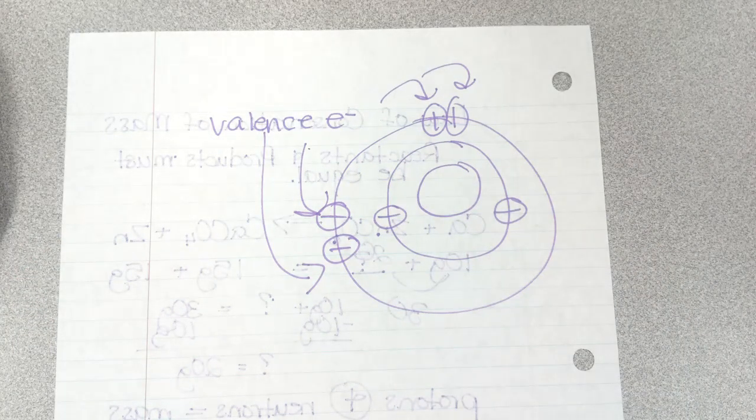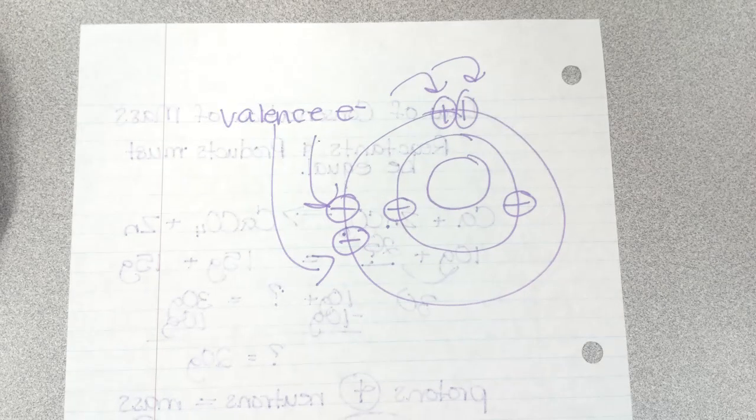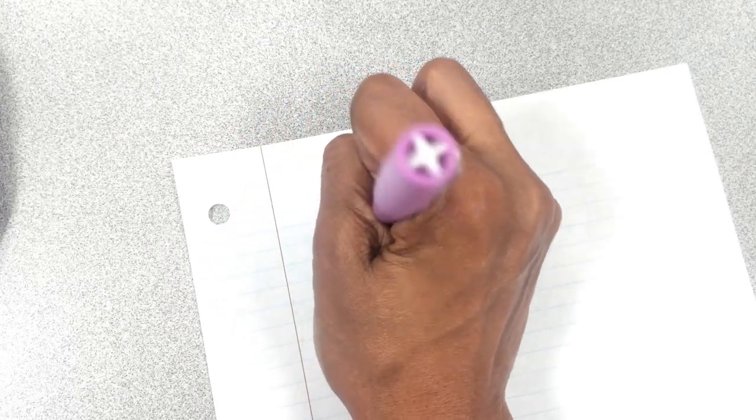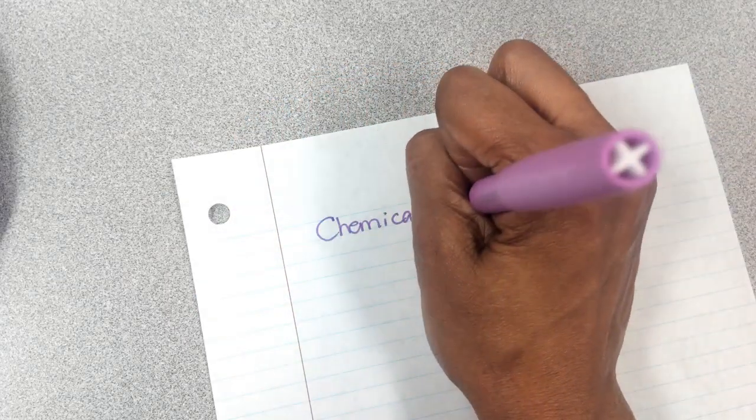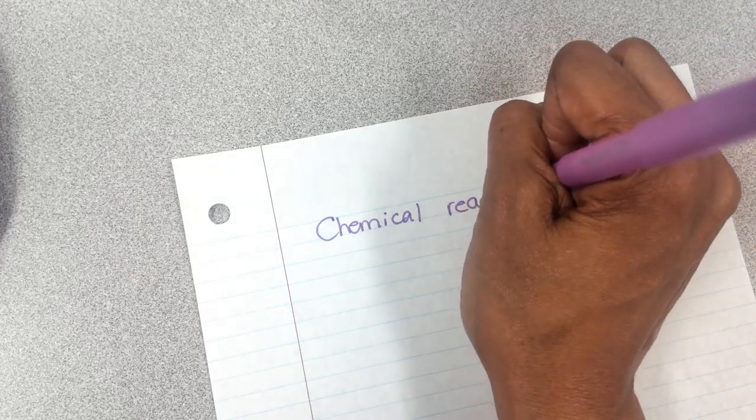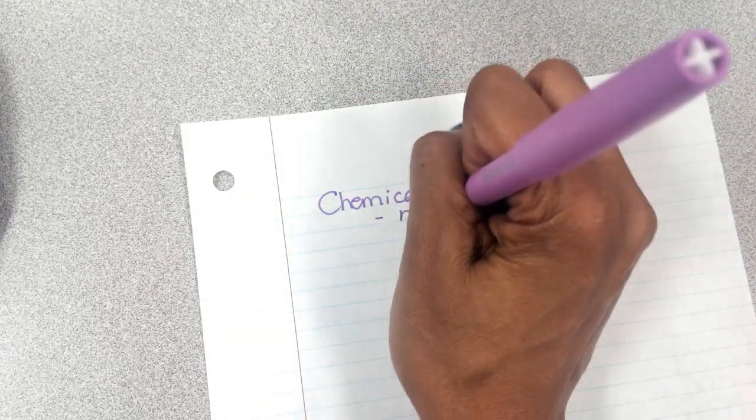All right, and one last thing I want to mention, because you do have a question about this on your test, is chemical reactions. Let me go grab another sheet of paper and we'll go over chemical reactions. A chemical reaction has occurred if you have a new substance.